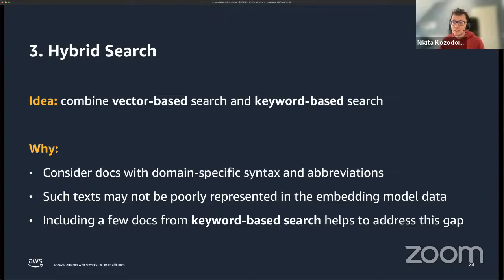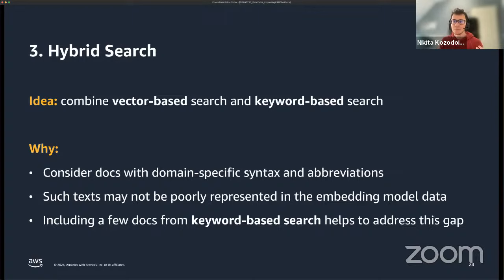Imagine, for example, that our documents contain a lot of domain-specific syntax or abbreviations. Let's say our documents contain a lot of abbreviations like RAG, LLM, and other things that are very specific to this domain.